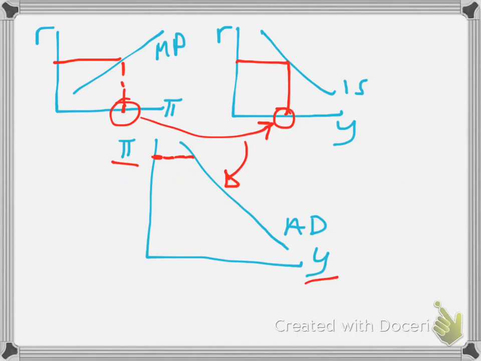Investment spending then will be low, the exchange rate will be appreciated, and so GDP will be low. For low levels of inflation, the Fed will set a low real interest rate, and investment will be high, net exports will be high, and so GDP will be high. So that's how we derive this aggregate demand curve, a relationship between inflation and GDP.